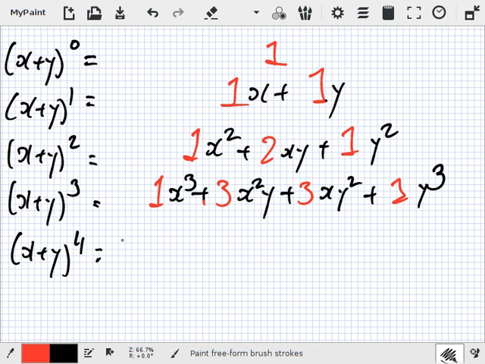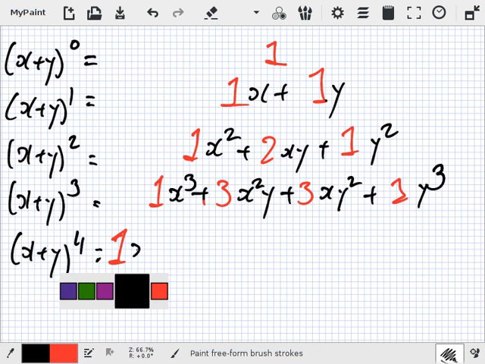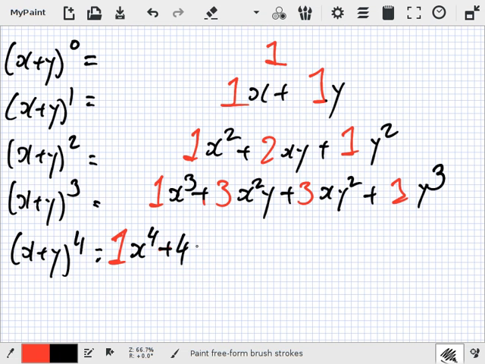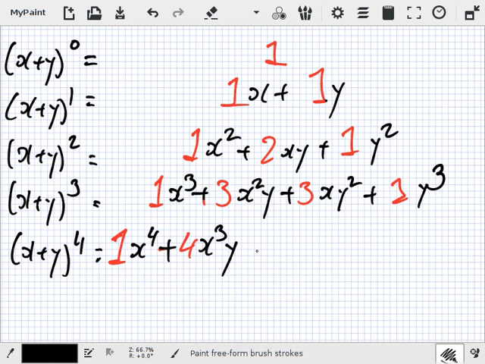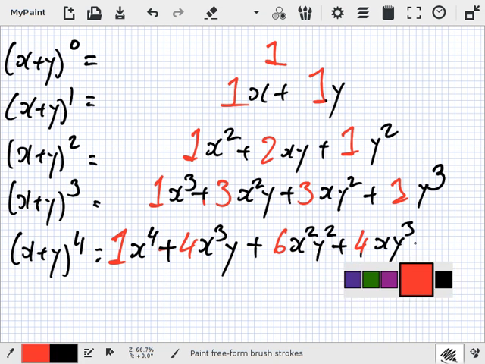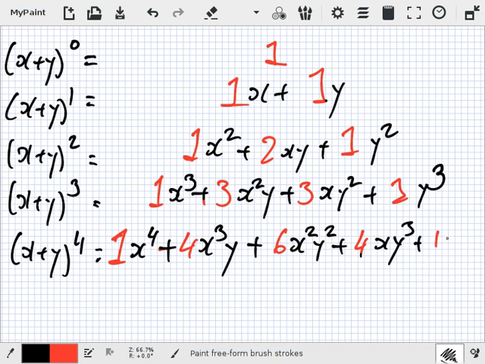Okay, if we were to do the next one, we would end up getting 1x to the 4 plus 4x cubed y plus 6x squared y squared plus 4xy cubed. Finally, plus 1y to the 4.